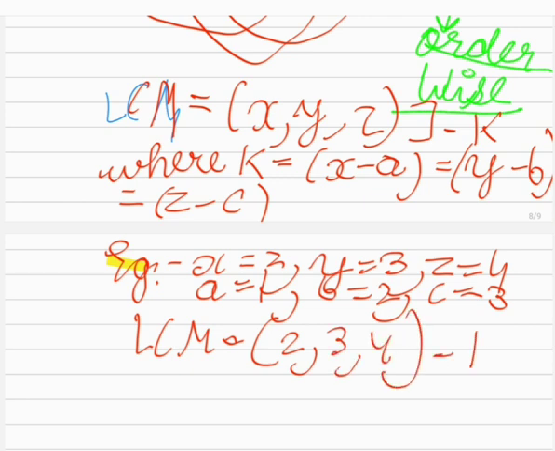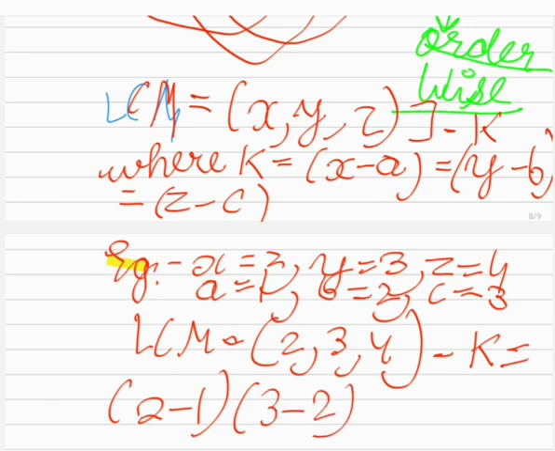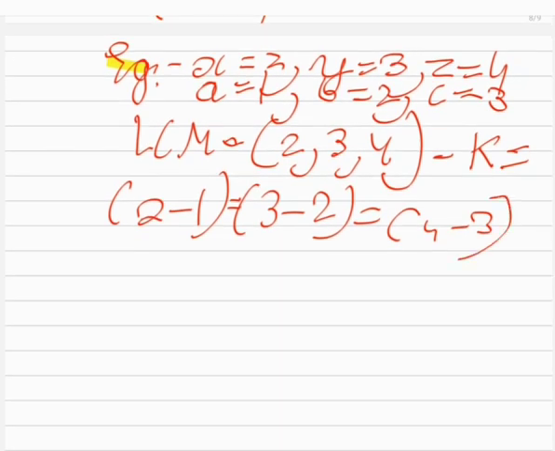What is k? We don't know yet, k is equal to x minus a, 2 minus 1, which is 1, and 3 minus 2 is 1. So minus 1, and the LCM of 2, 3 and 4 will be 2 into 3, 2 into 2 which is 4, 4 into 3 is 12. So LCM will be 12.